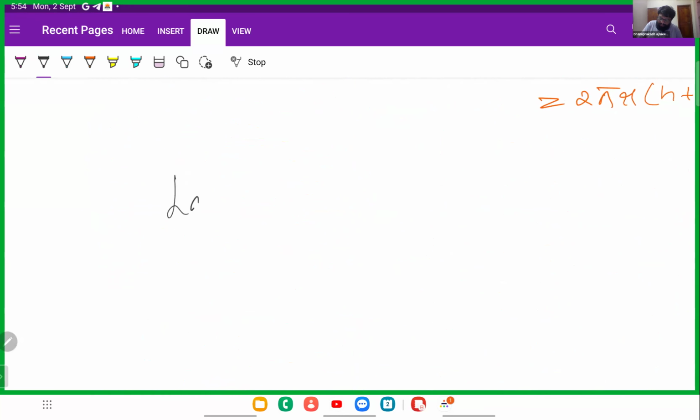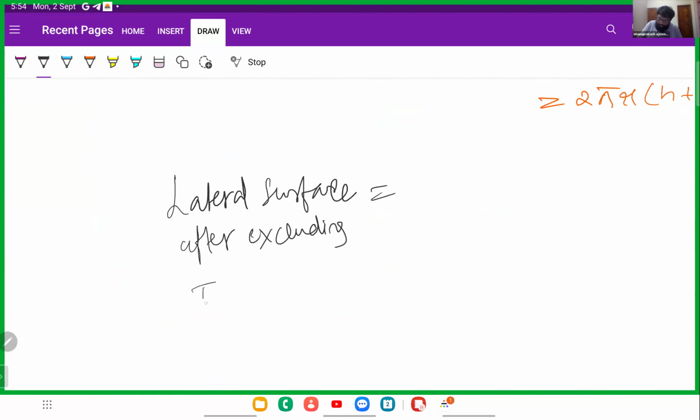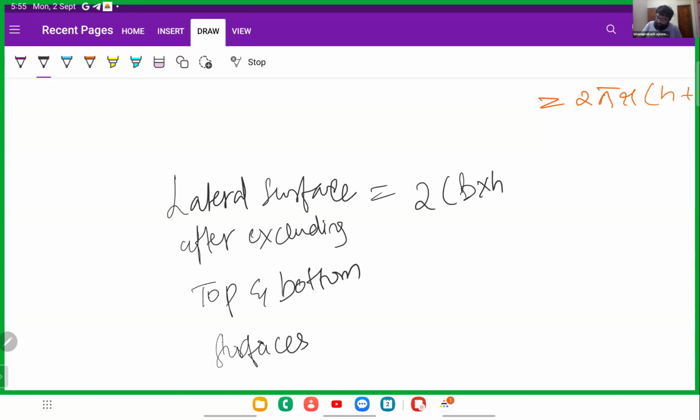So my lateral surface area, after excluding the top and bottom surfaces, would be 2 into breadth into height plus length into height.